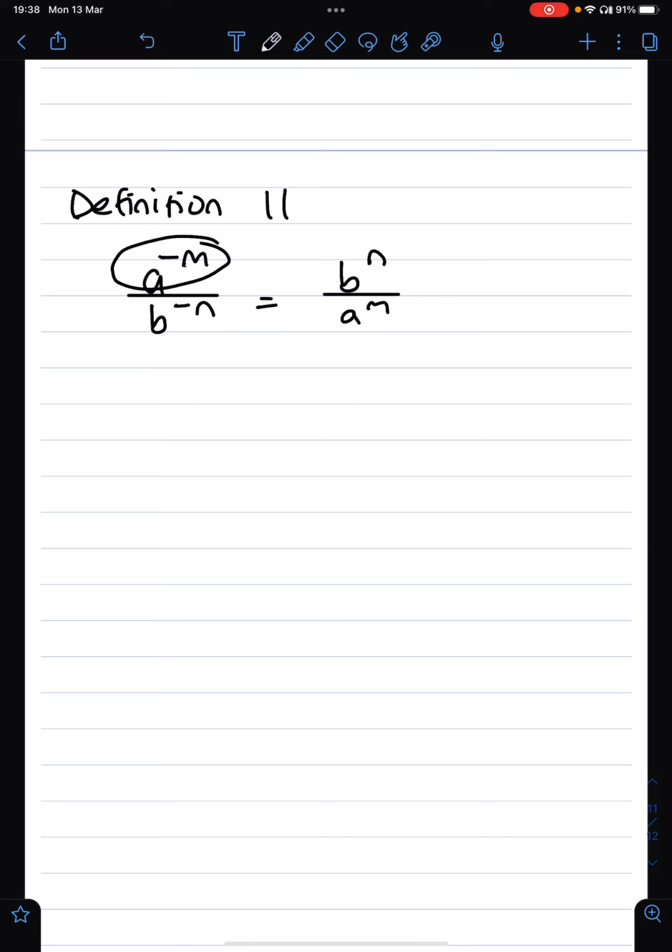Because of the negative exponent, this will go to the bottom. Because of this negative exponent, this will go to the top, and that is why we have this as an answer.